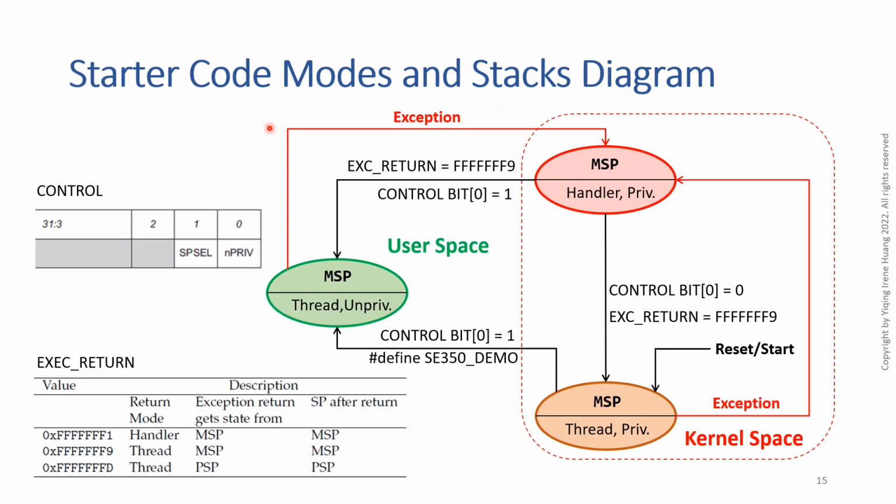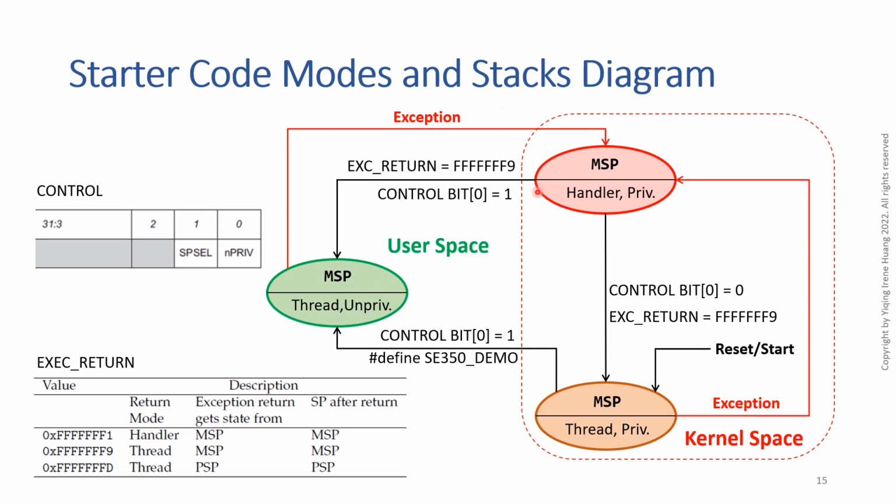I want to remind you that when you submit your project, we assume this macro is not defined. So in the starter code, what we're giving you is actually this part. We give you two privileged processes, Proc1 and Proc2, at the privileged level. But in the submission requirement, we require these two processes to be at unprivileged level.